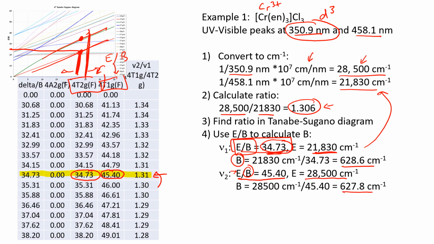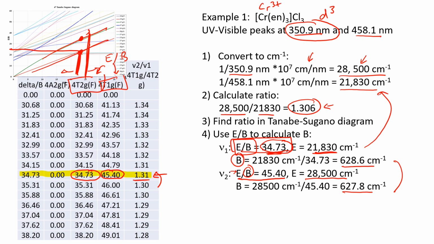I usually don't bother to do this twice because they're within error. I usually drop a significant figure at the end and call it good, okay? But you can check yourself to see if you have the right ratio or if everything else is checking out, to make sure those Racah parameters come out the same. But basically it must be true if you have the right ratio selected.